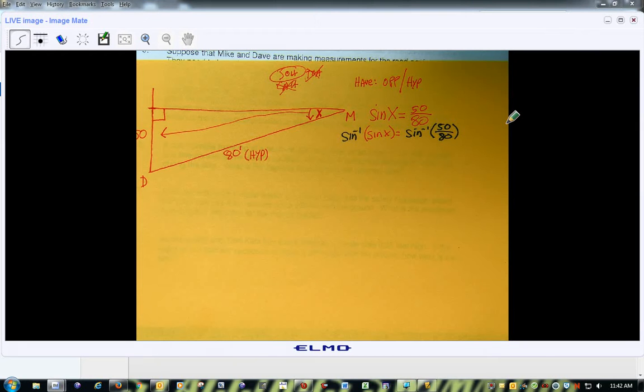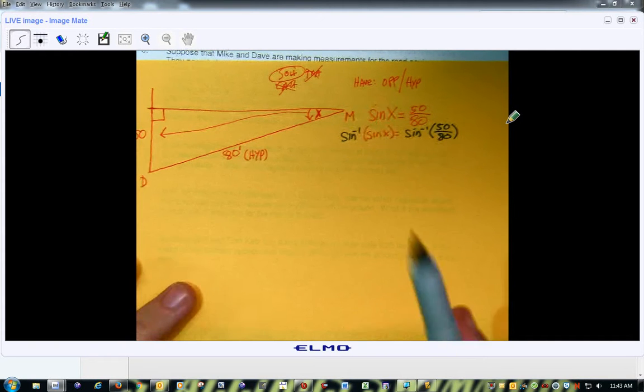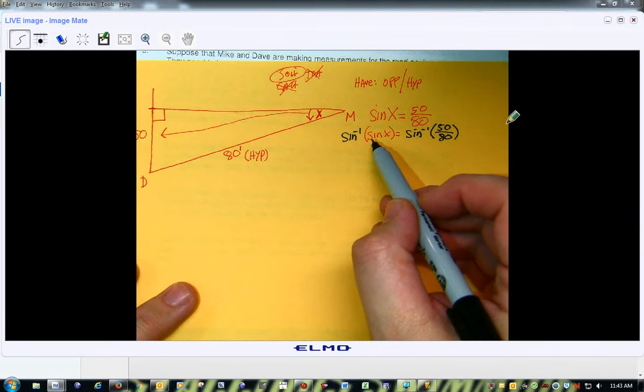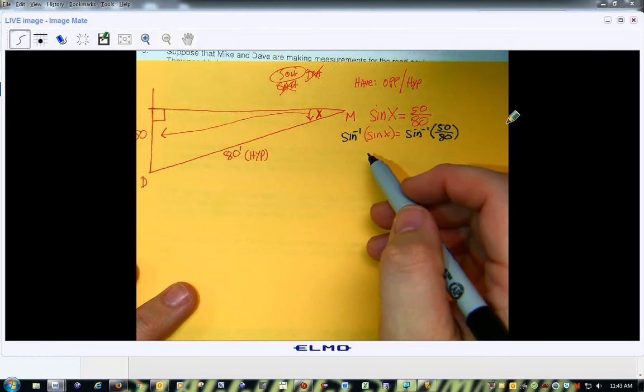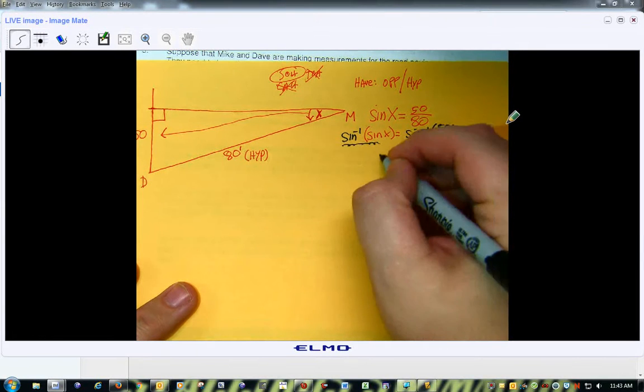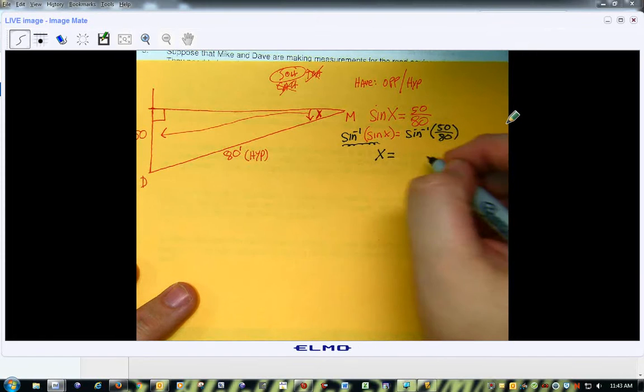Don't be sorry, you're asking good questions. When do you use the inverse? We use it when we're trying to find that angle. Now, what does the inverse sine and the sine do to each other? Well, what does adding and subtracting do to each other? They cancel each other out. So these two cancel each other out, and I'm left with x is equal to the inverse sine of 50 over 80.